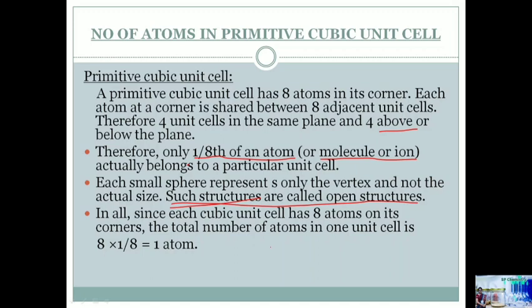So for 8 corners, we will write 8, and the contribution of each atom per unit cell is 1 by 8, because one atom is adjacent to 8 unit cells. So its contribution per unit cell will be 1 by 8. So in total it will be 8 into 1 by 8 is equal to 1 atom. So the number of atoms in a primitive cubic unit cell is 1.